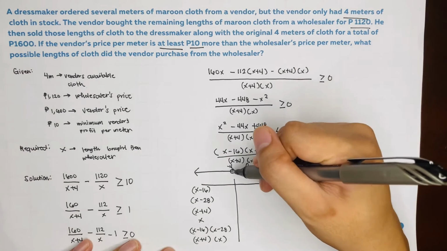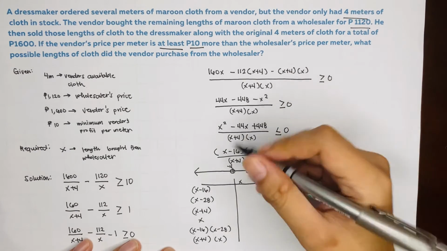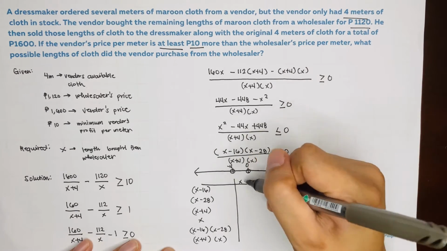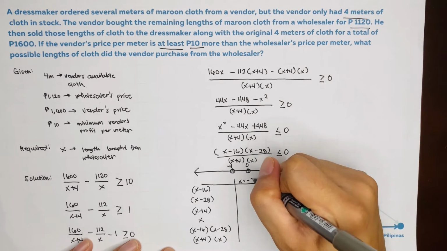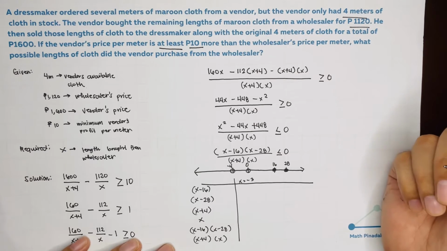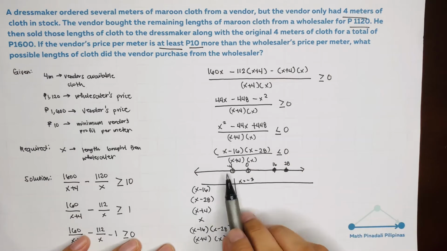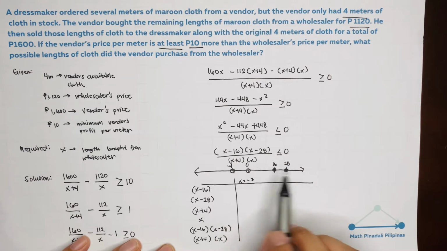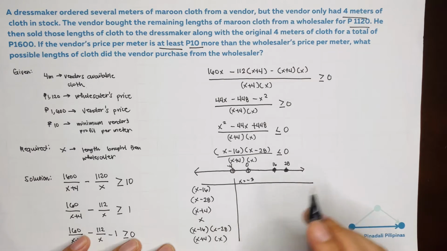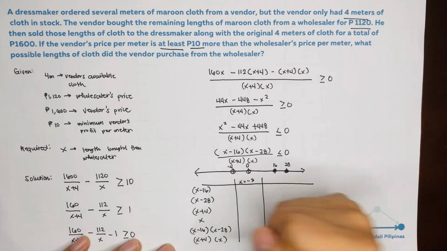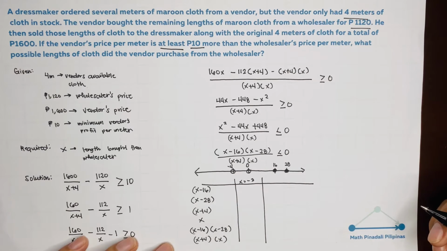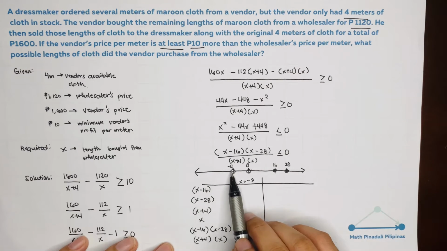Try natin, first is, if x is less than negative 4. So, pili tayo para mas madali. Try natin negative 3. Okay? So, we have 4 critical numbers. 1, 2, 3, 4. Pili rin tayo ng 5. Okay, na sign. So, meron tayong less than dito.